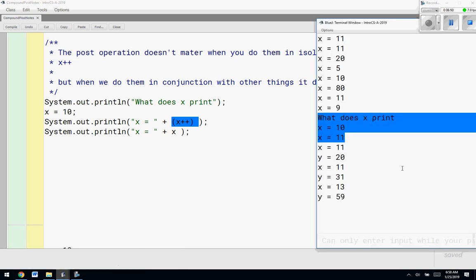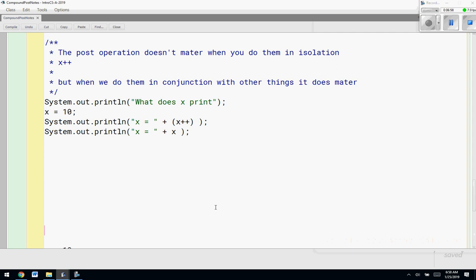So what happens here is a post operation takes the value, uses the value, then increases it by 1. So it used the value of 10.